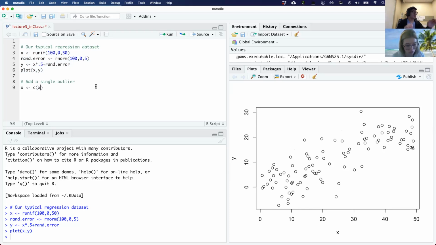So I'm going to take my X vector and concatenate to my X vector a single point at an X value of 100, and do the same for my Y, and that'll be at 20. To give you a visual of what this looks like, it's going to be the exact same plot that you see here, except we've now added one outlier into it.